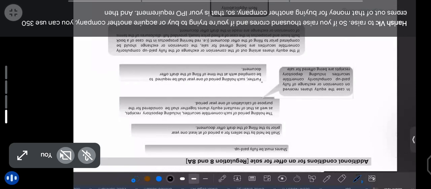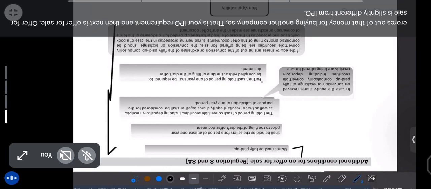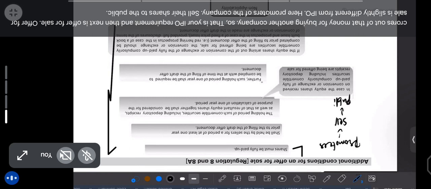And then next is offer for sale. Offer for sale is slightly different from IPO. Here, promoters of the company sell their shares to the public. Whereas in an IPO or FPO, promoter does not sell their shares.